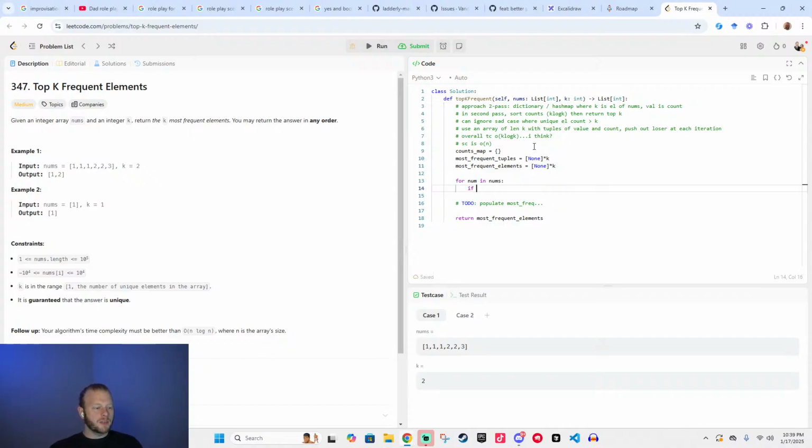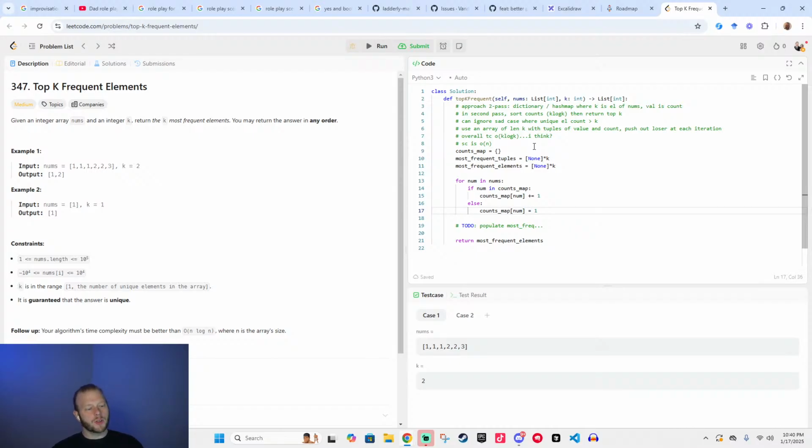So if num in counts map, else counts map of num equals 1. Okay, so now we're collecting our counts, and where do I place the tuples? I won't have the tuples yet. Okay, so now I have the counts.